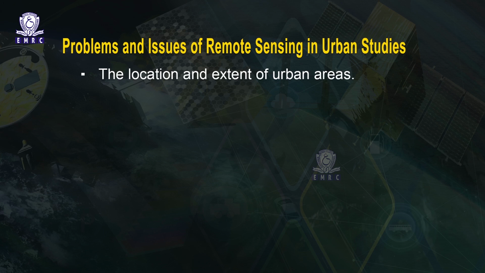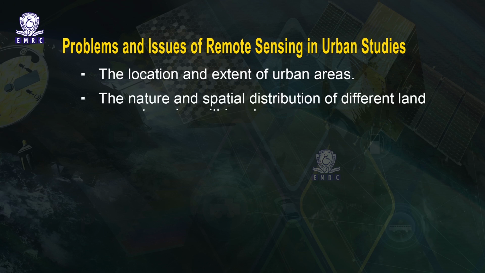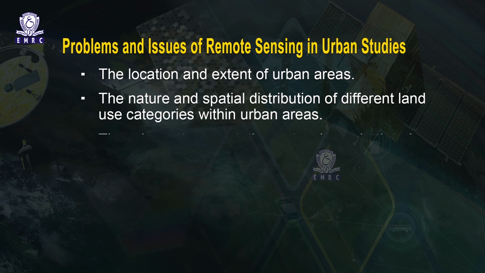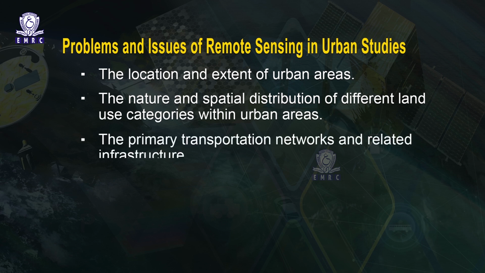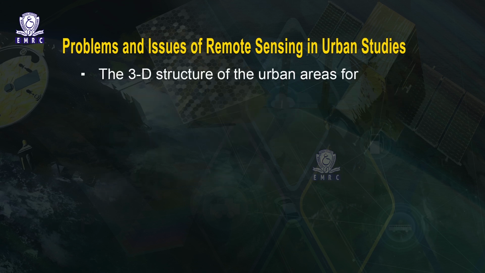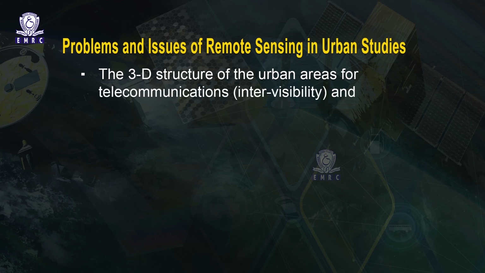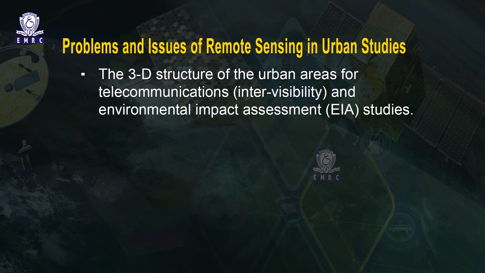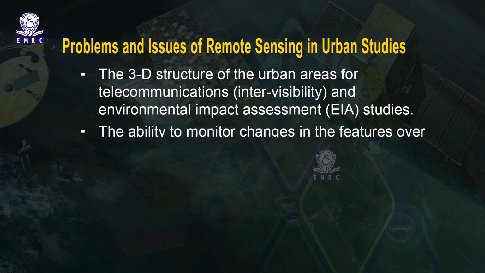These are the location and extent of the urban areas, the nature and spatial distribution of different land use categories within urban areas, the primary transportation networks and related infrastructure, census related statistics and socio-economic indicators, the 3D structure of the urban areas for telecommunication, intervisibility and environmental impact assessment studies, and the ability to monitor changes in the features over time and space. The urban issues are analyzed by using remote sensing technologies.